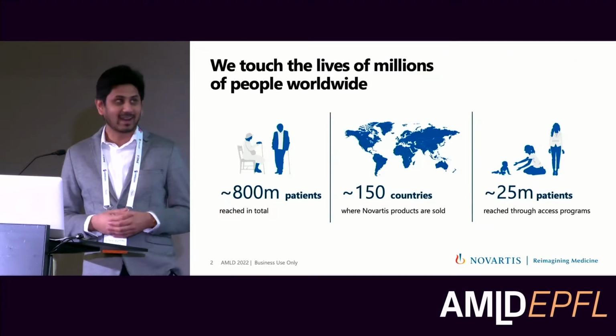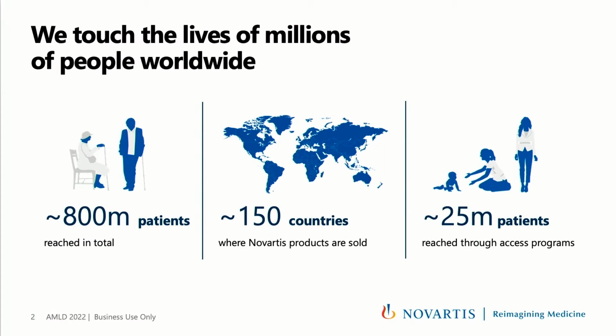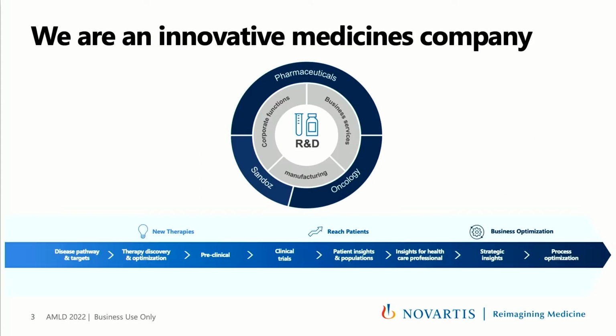I know you might be tired of seeing such corporate slides, but I would like to show you these numbers again because truly Novartis's broad outreach to patients was one of the reasons why I actually joined the company. And what is more important to know is that Novartis has a strong focus on innovative medicines.